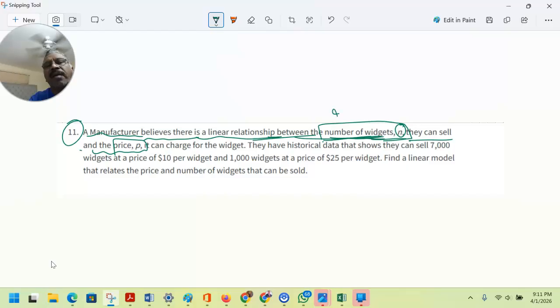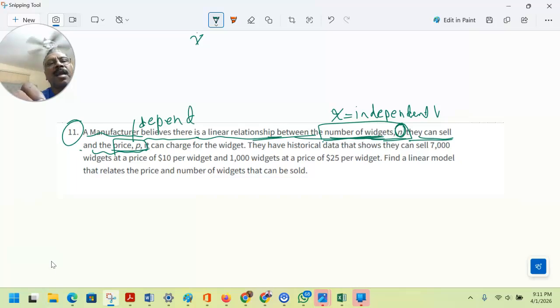This is like your x, but instead of x, they want you to use n. It means this is the independent variable. So if x means the number of widgets they can sell, then the price p becomes the dependent variable.